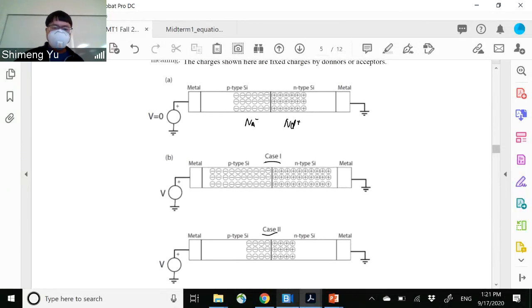Forward and reverse is with respect to the p-type. We apply voltage to the p-type, and n-type is always ground. So which one is which? So the case 1, voltage larger or smaller than 0.